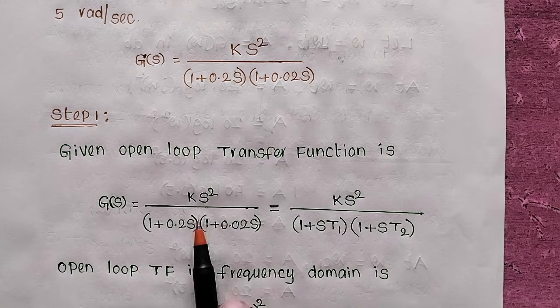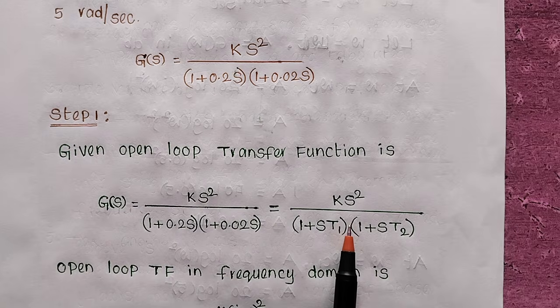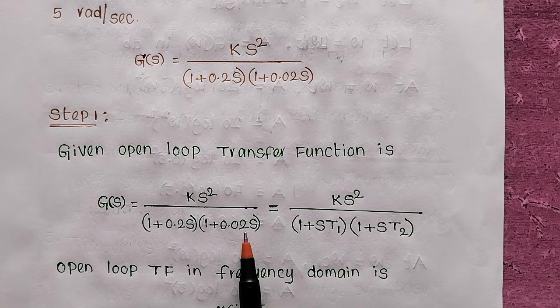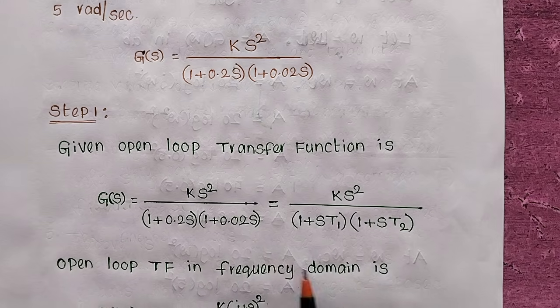Comparing these two equations, T1 is 0.2 seconds and T2 is 0.02 seconds.